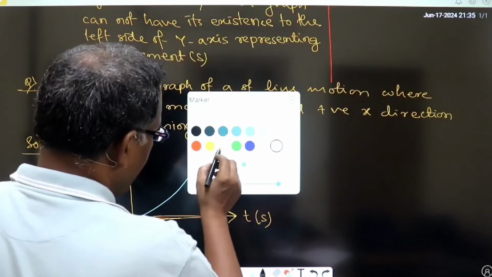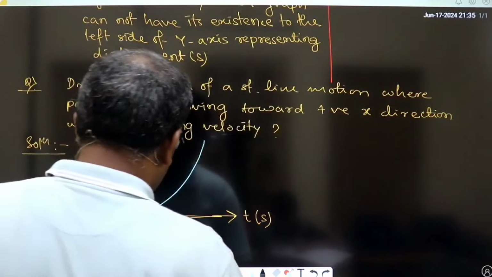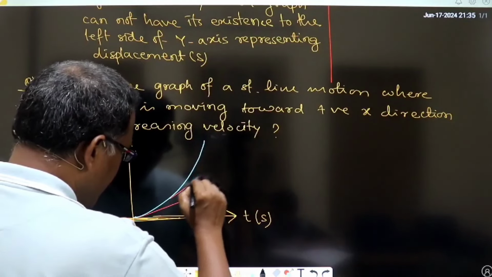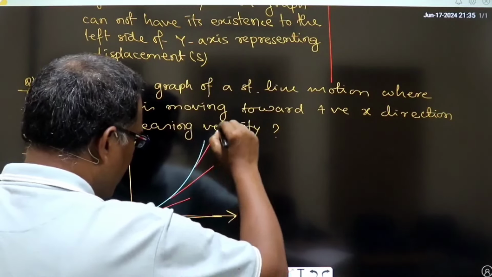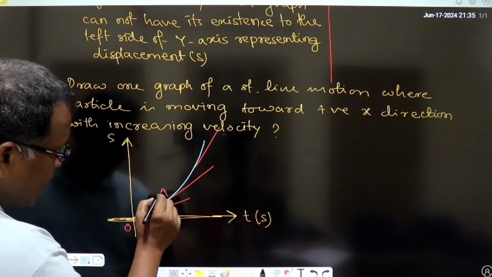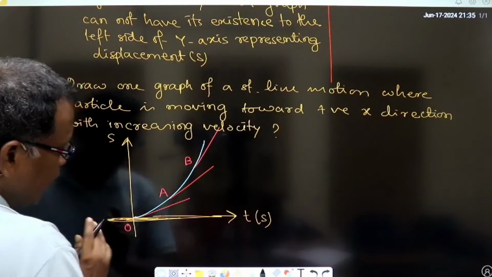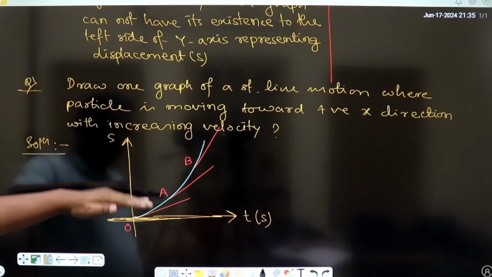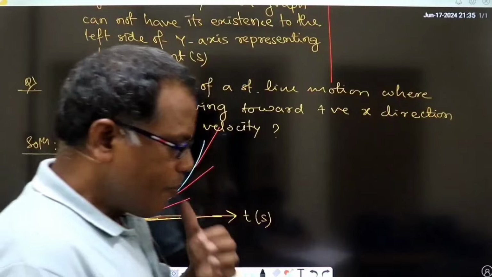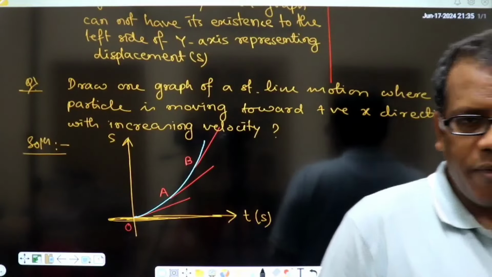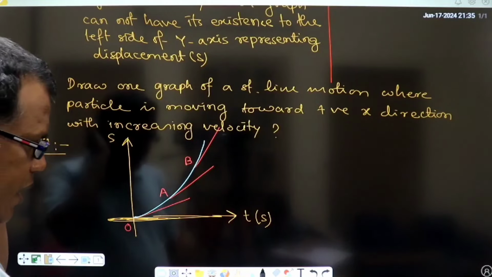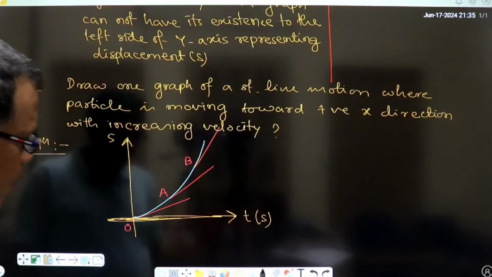How can you argue that velocity is increasing continuously? If you draw tangents on the graph at various points, such as this is O, this point is A, this point is B. Going from O to A, we can see the Y value increases as X value increases. So with time the particle's position is increasing, showing that displacement is taking place.